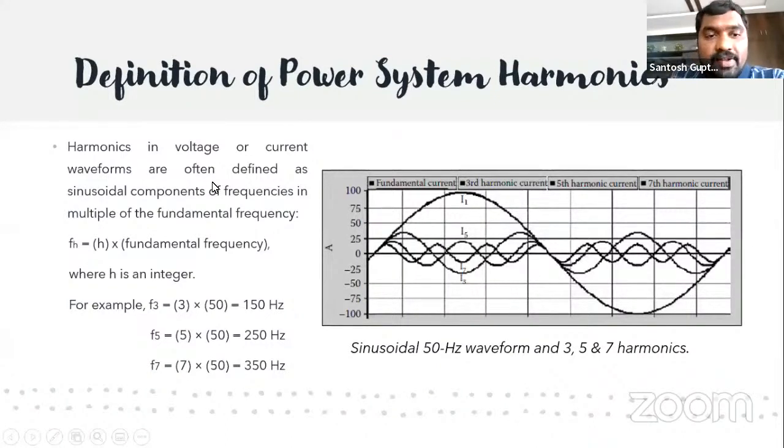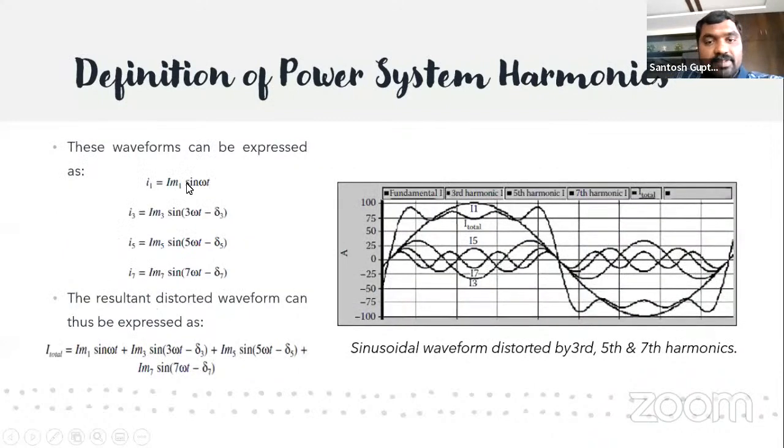If you see this particular waveform, it is a distorted waveform, which is the summation of our fundamental and the individual harmonic frequencies. The waveforms are expressed as, I is current, I equals Im sine omega t.